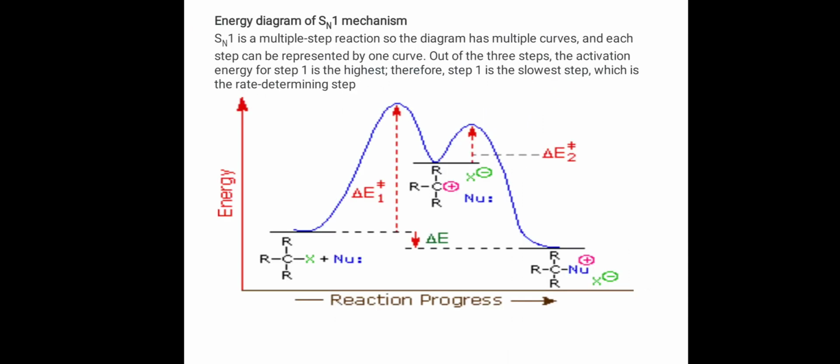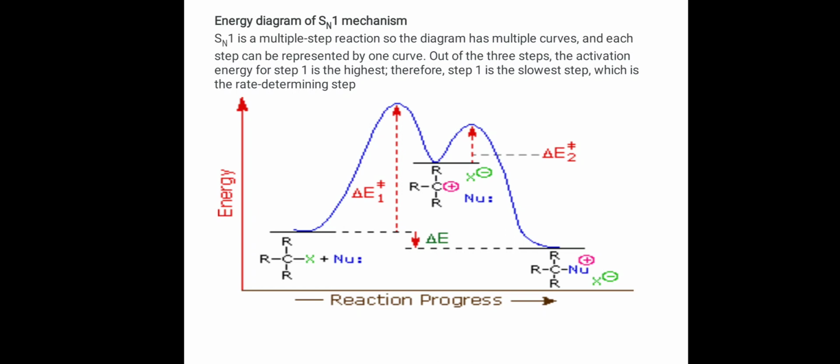The energy diagram of the SN1 reaction mechanism. SN1 is a multi-step reaction, so the diagram has multiple curves, and each step can be represented by one curve. Of these three steps, the first is formation of the stable carbocation, the second is the nucleophile adding to the carbocation, and the third is deprotonation by the nucleophile.